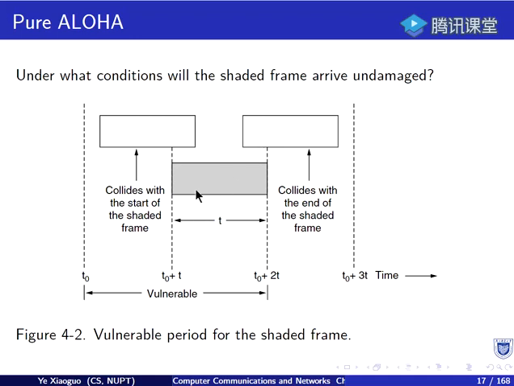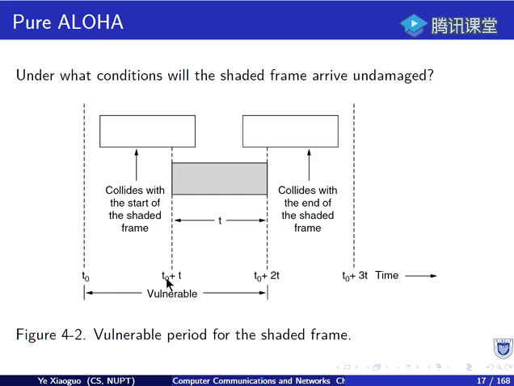So the frame time we denote by t, and the beginning of the time is t0. The dashed lines divide the time into slots, right?